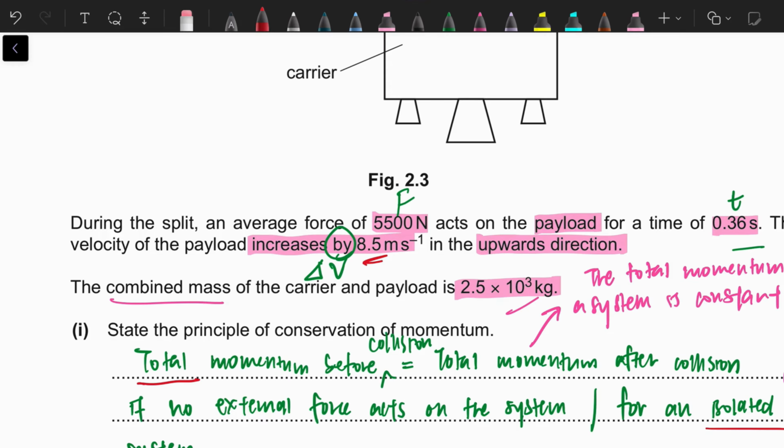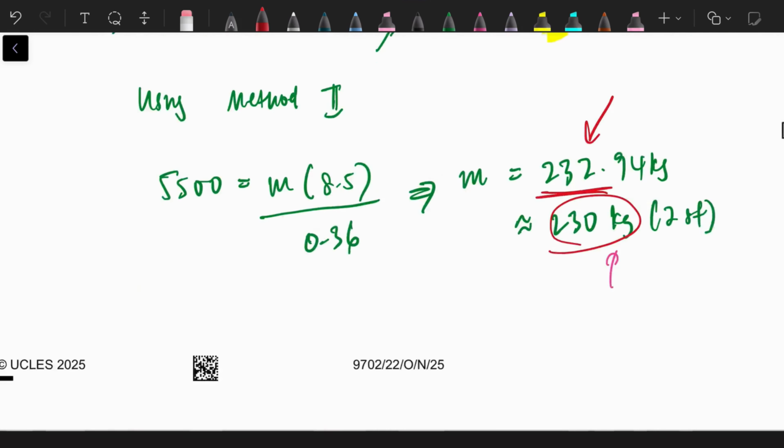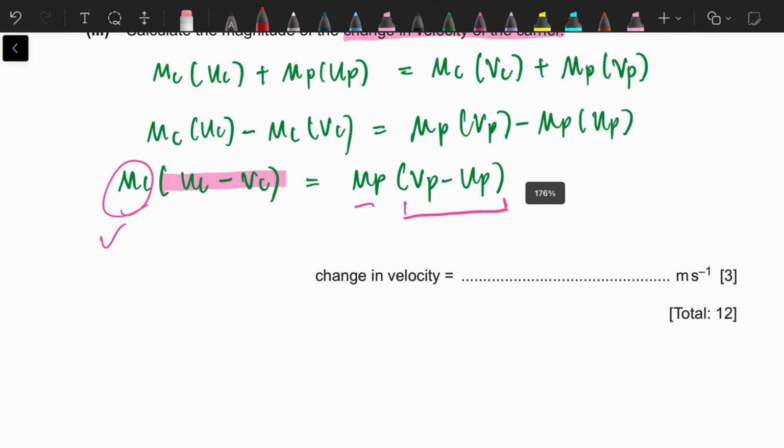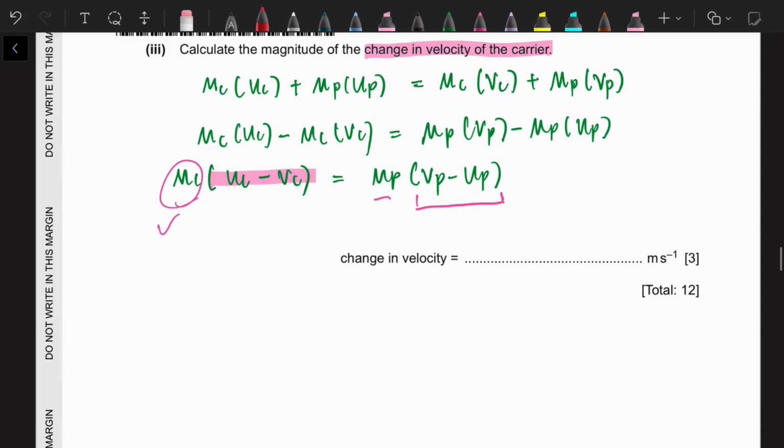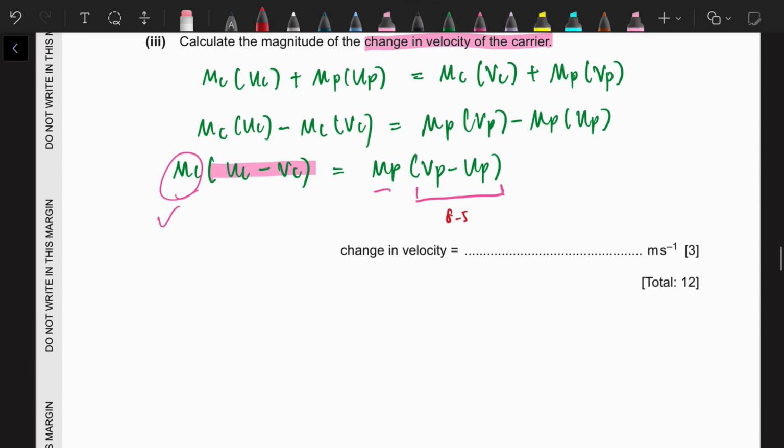That means you take the final minus initial velocity of the payload, you should get 8.5, because they say increases by 8.5. So this thing is 8.5. You have the value. So you have all the values here to find the change in velocity of the carrier. Okay. Now let's do it.